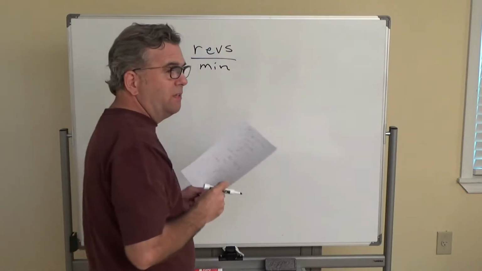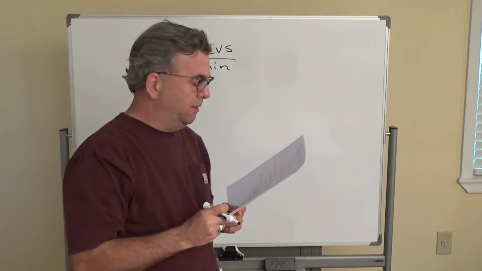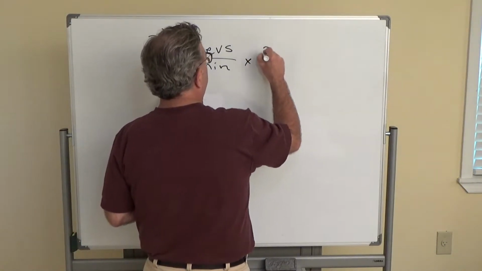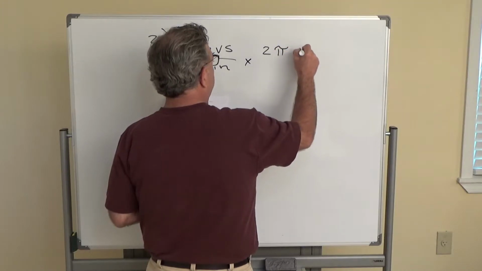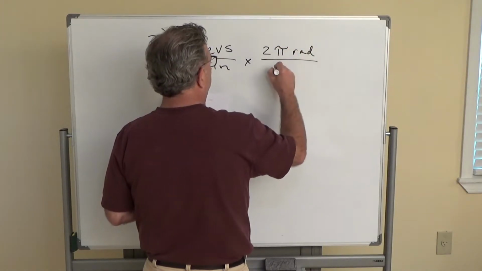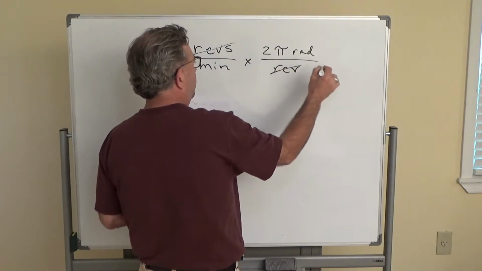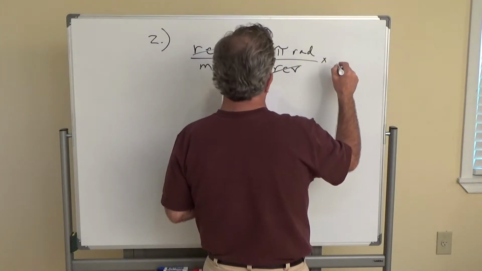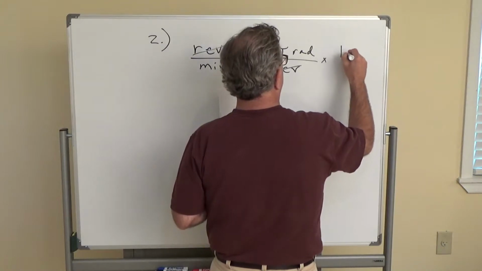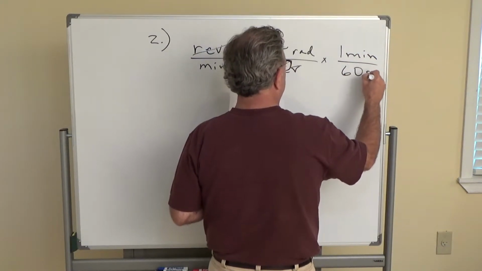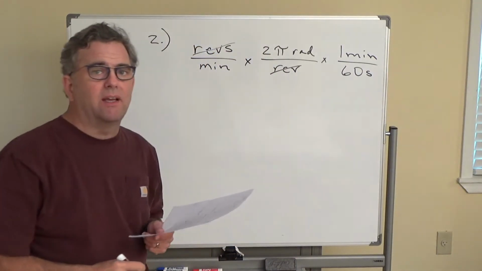You need to convert that to radians per second. So there are 2 pi radians per rev. Okay, so that cancels the revs, times 1 minute is equal to, you guessed it, 60 seconds.